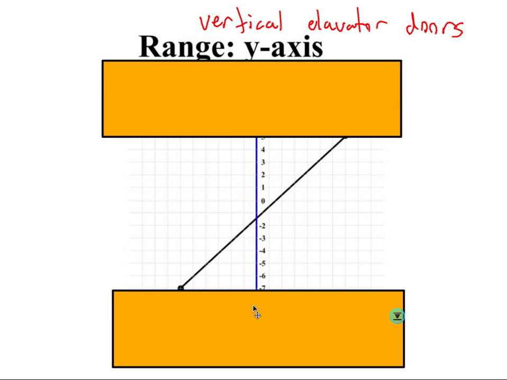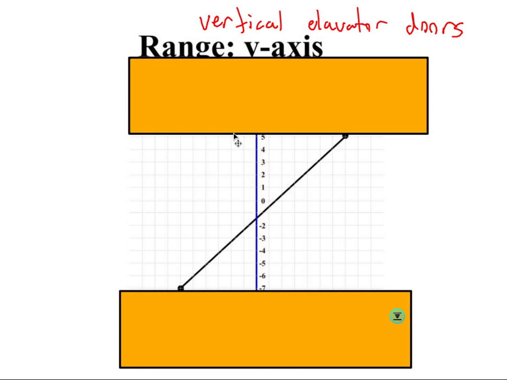So here and here. And this is going to give us the largest and smallest values for the range. So here my smallest value is -7, which is going to go on the left side, and my largest value is 5.